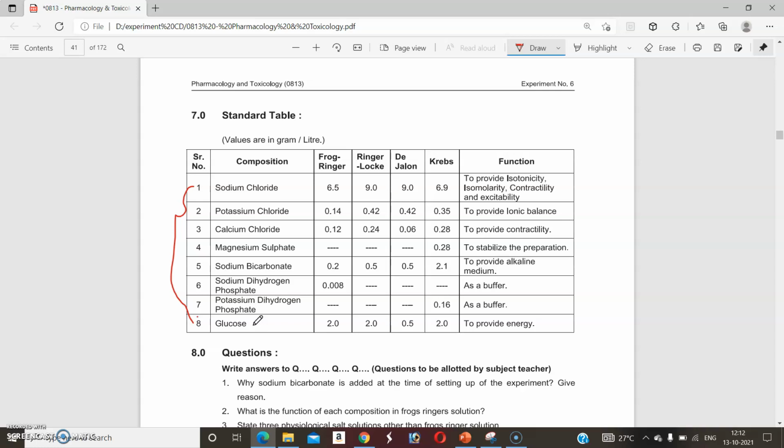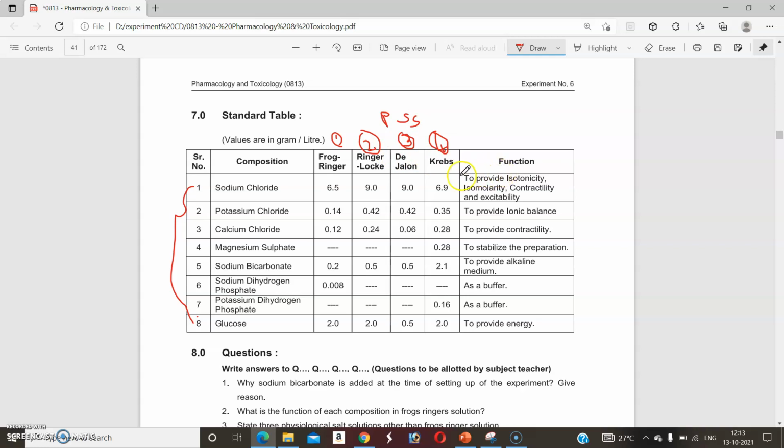Remember, the compositions are different and the types are different. Type number one is frog Ringer. Second, Tyrode. Number 3 is Ringer-Locke, and number 4 is Krebs solution. These are the 4 different types of PSS, that is physiological salt solution.